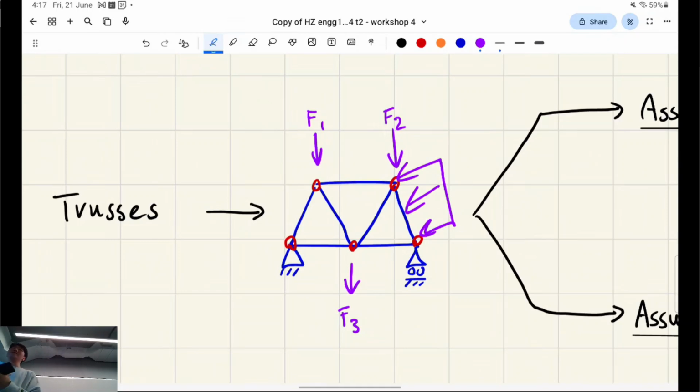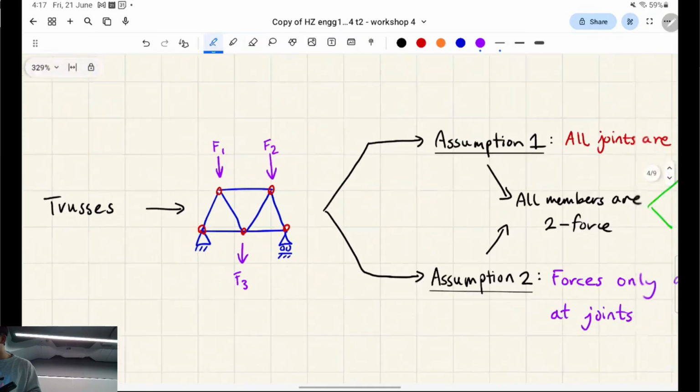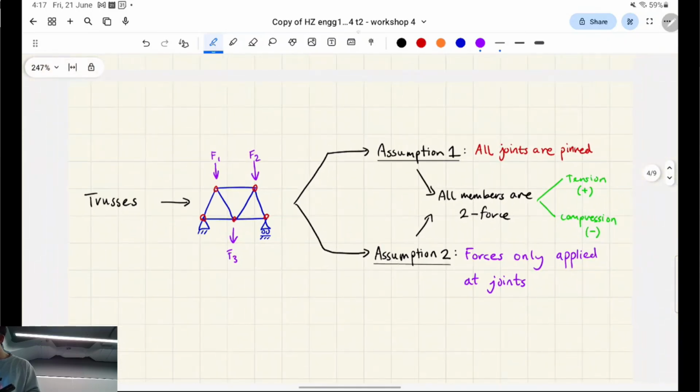Then you have shear forces and bending moments, and the truss members aren't designed to take on these kinds of loads. They're designed to only take on axial loads. So we call these members two-force members because they're only able to take on tension and compression, right? Does that make sense to everyone and the terminology?